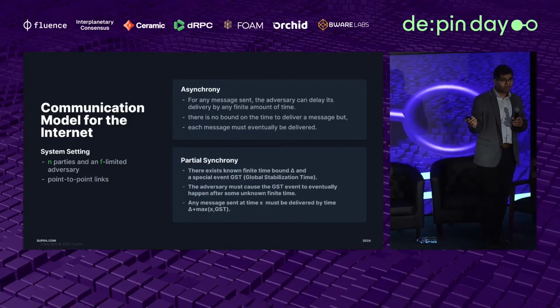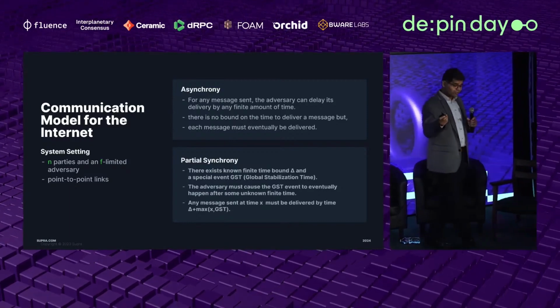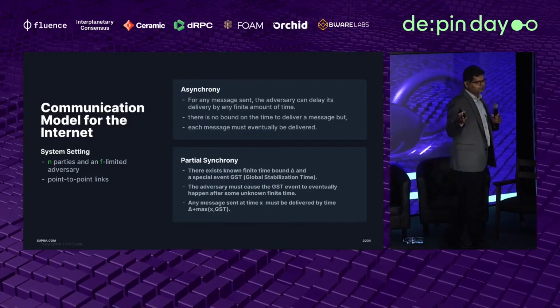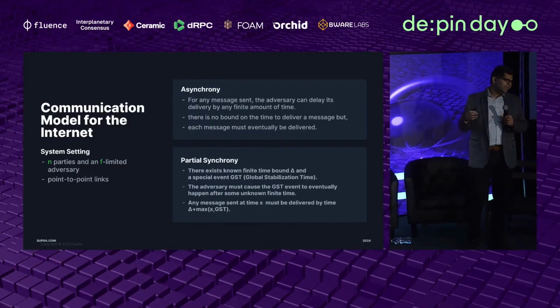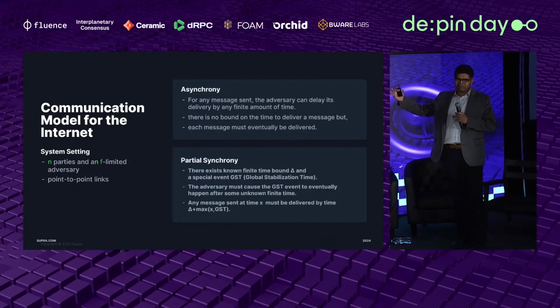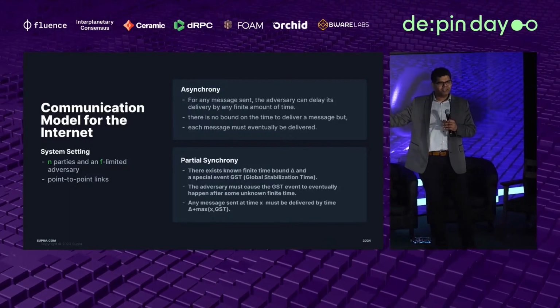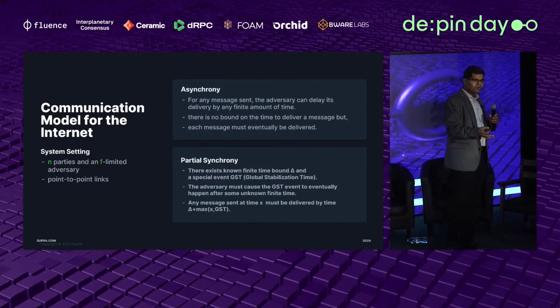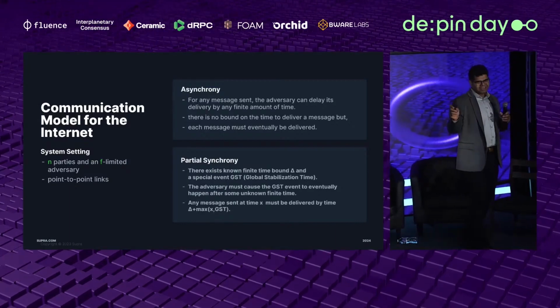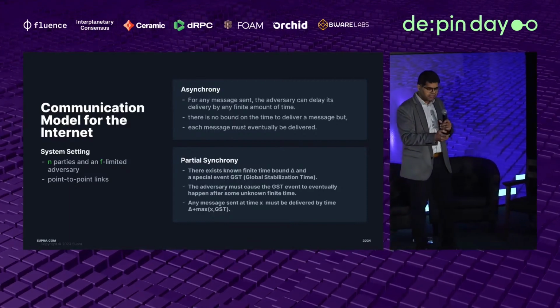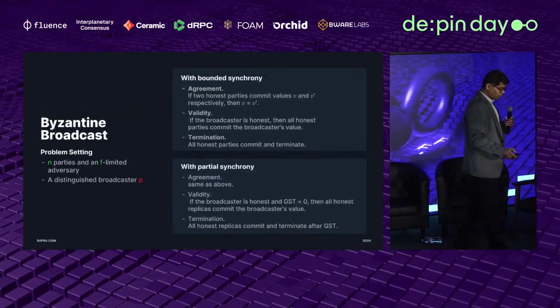So that's the asynchronous model. Or you assume a slightly weaker version called partial synchrony, where for an unknown amount of time the network can be slow, but afterwards it picks up and things continue to work. This unknown time is called GST, just a technical term, but these are more meaningful models in which we can build internet-based protocols.